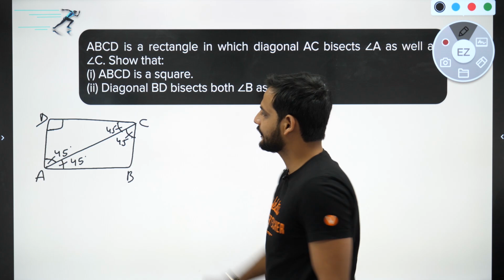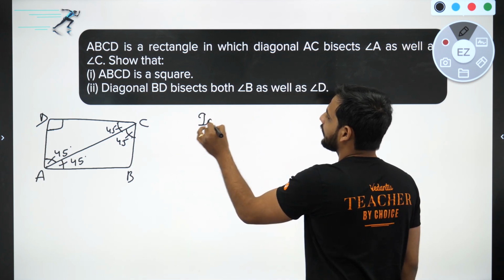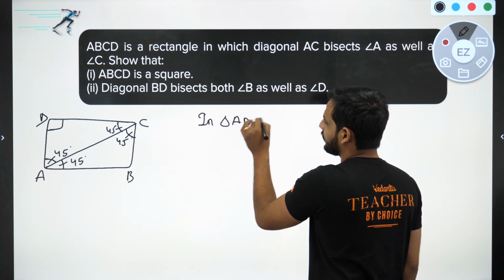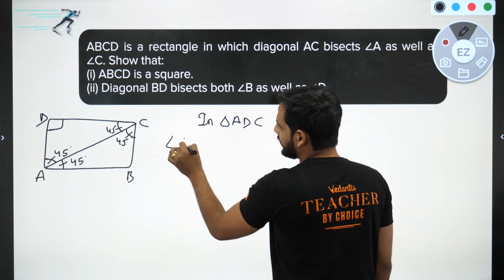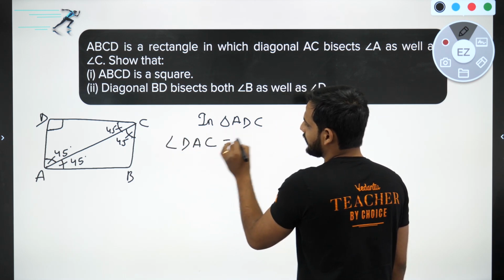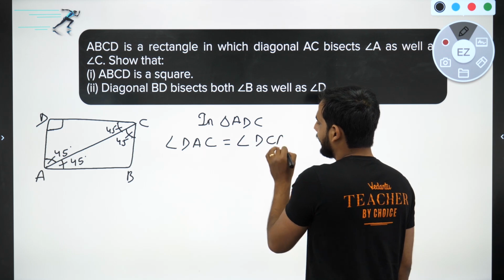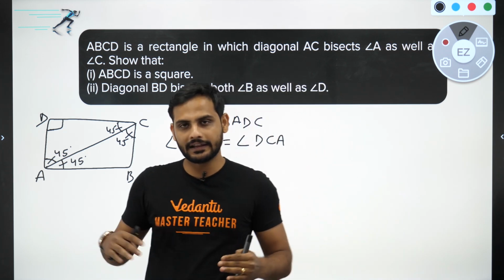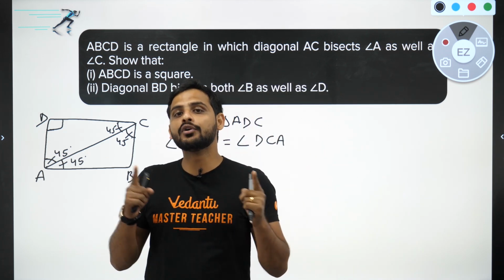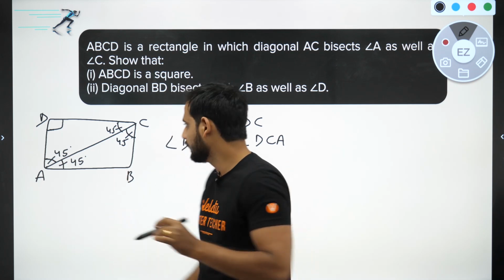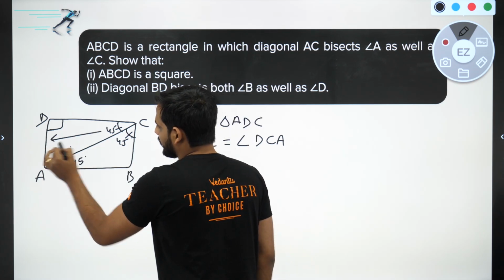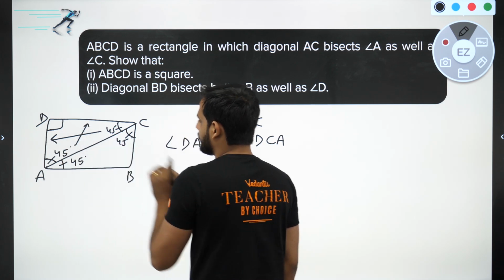Now I know this angle is 90 degrees. So look at the triangle ADC. In triangle ADC, if you look carefully, you know that angle DAC is equal to angle DCA. And when two angles in a triangle are equal to each other, the sides opposite to the equal angles are also equal. So you can say here that AD is equal to DC.